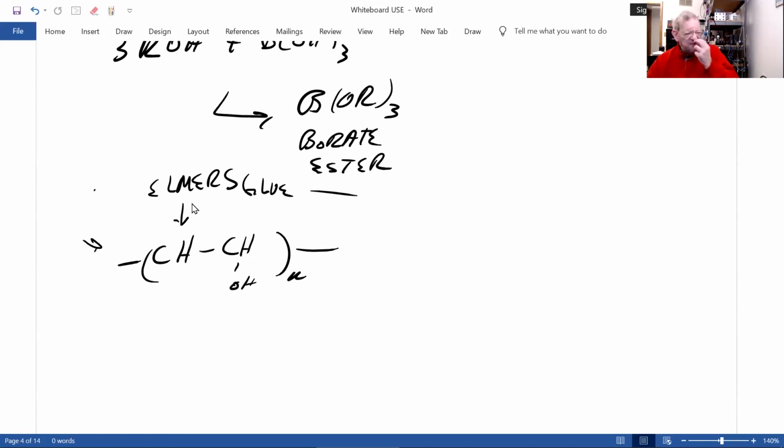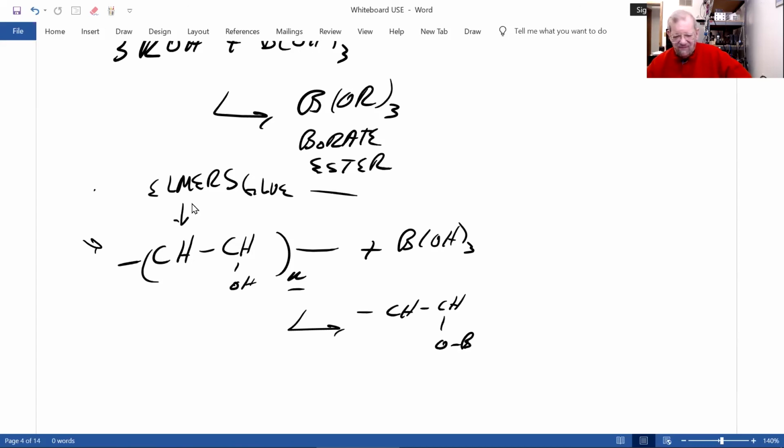there are a lot of them, and N is on the order of about 1 million. When you react this with boric acid or sodium borate, you'll get these long chains that are linked together.